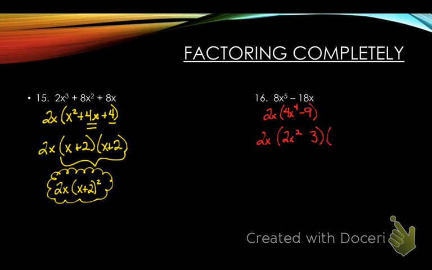It's a difference of two squares, so that means my terms are the same, but one's positive and one's negative. Can anything else factor? Can I factor out the 2x? Is the 2x squared minus 3 right here a difference of two squares? No. So am I done? Yes.